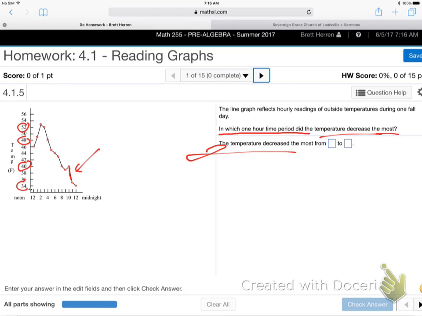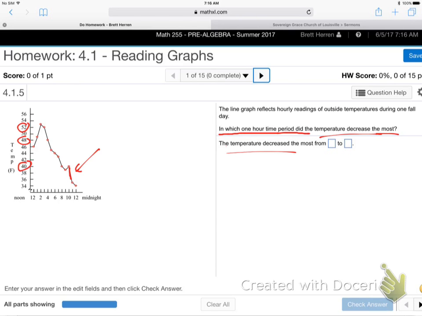All right. So yeah, it looks like 35. I agree with you. So it's a drop from 40 to 35. They want the hour. Oh, you're right. They want the time, huh? So from 10 to 11.